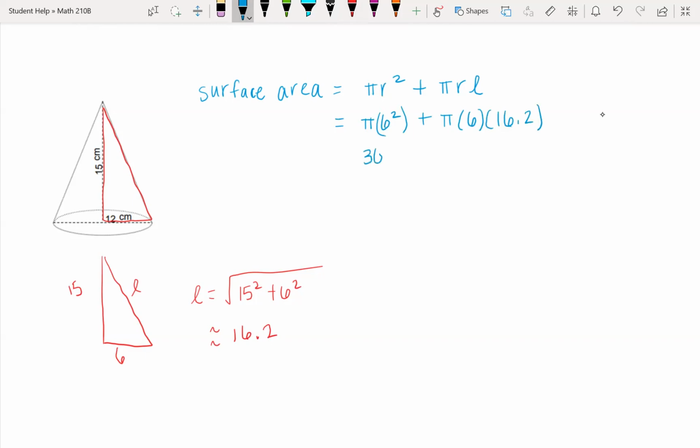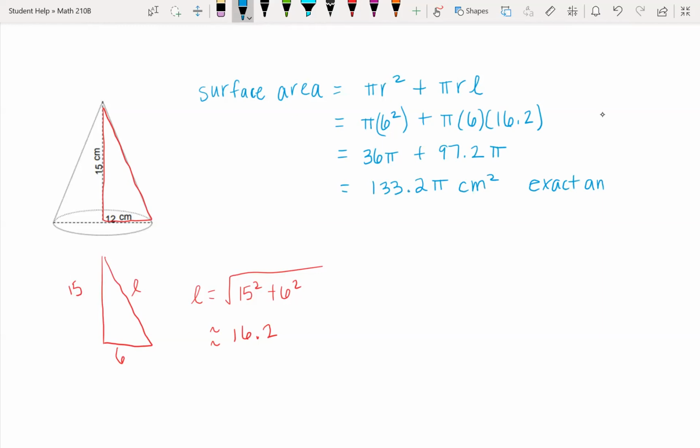So this is 36 pi, 16.2 times 6 is 97.2 times pi. So this is 133.2 times pi centimeters squared, and this is the exact answer.